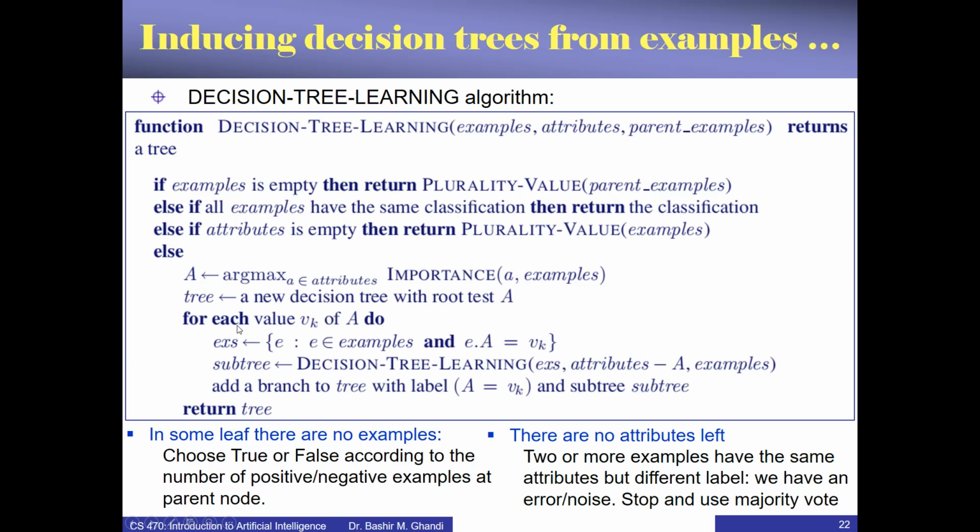Okay, and then you're going to repeat this process. This is why you see, for example, there is a recursive call here. This allows you to go and create another branch and so on until you meet this case here where we have the same set of classification. In that case we just return the classification. So this is basically how the partitioning is done.